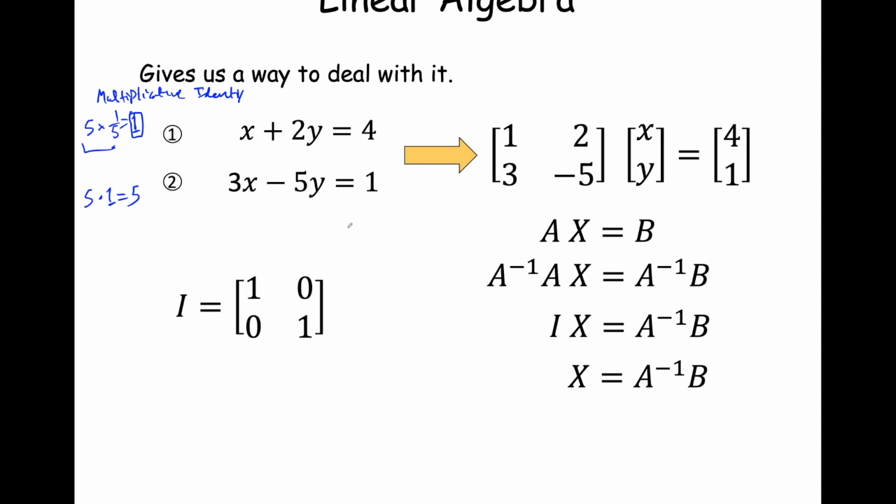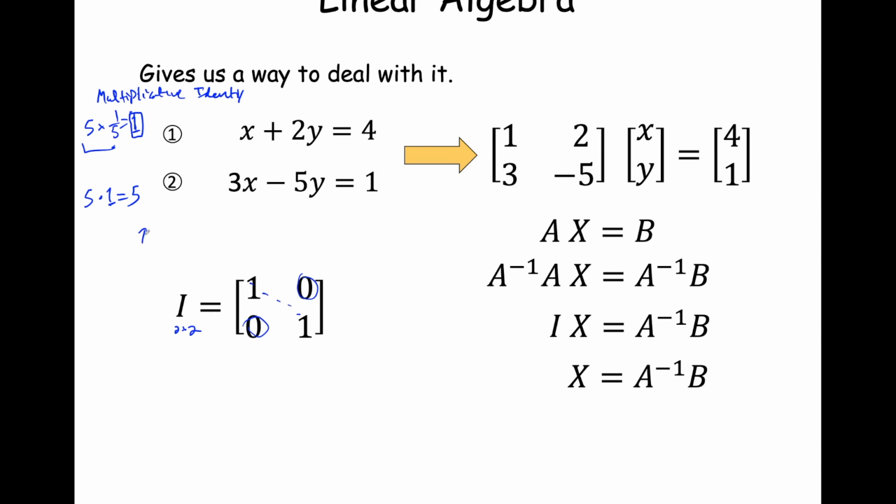For matrices, identity is a special type of matrix, and it's a matrix where all the diagonal elements are equal to 1. So here is identity for a 2 by 2 matrix, and it's noted as I. So we have 1 along the diagonal, and we have 0 for all of the off-diagonal elements.